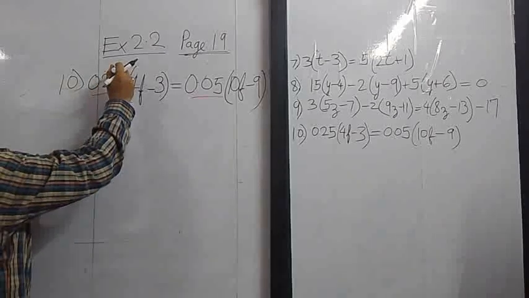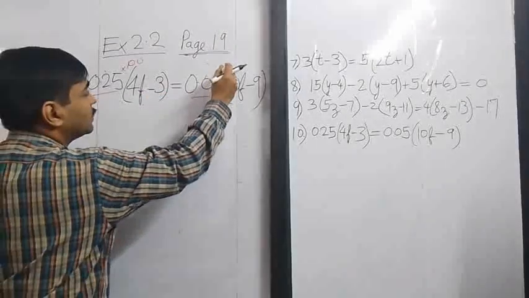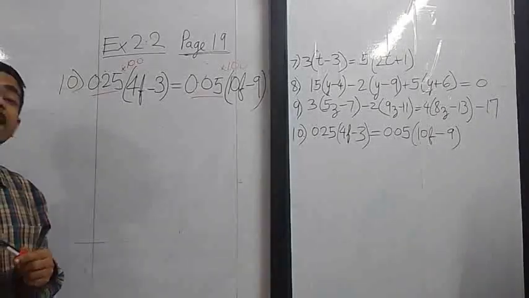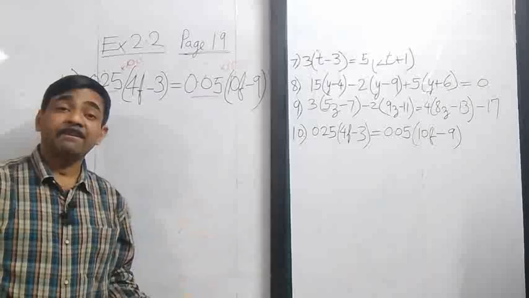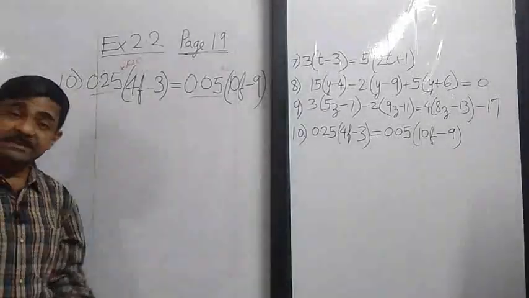So I will multiply this with 100, and at the same time I will also multiply this with 100. In mathematics, we know any operation done on both the sides of equation doesn't hamper the equation and the value of the equation remains the same.